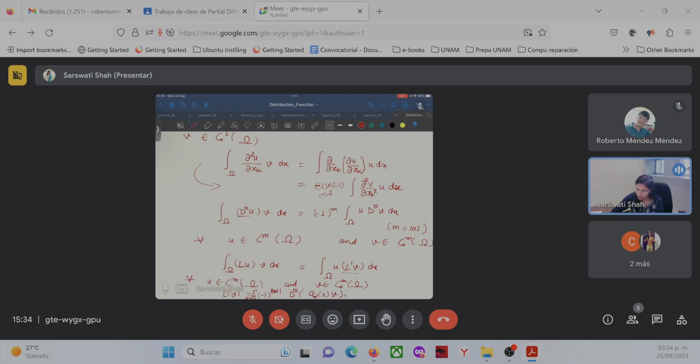Is it clear? This L dash is a derivative, but since we have this minus 1 to the power m inside this, this L dash is not exactly L, but this is coming with minus 1 to the power alpha. Is it clear?